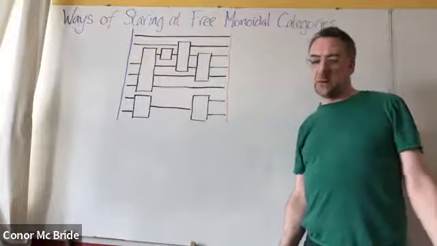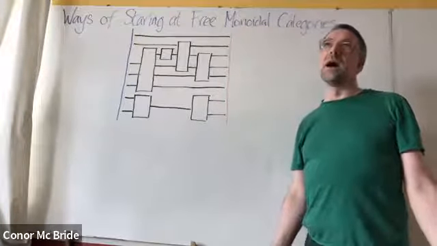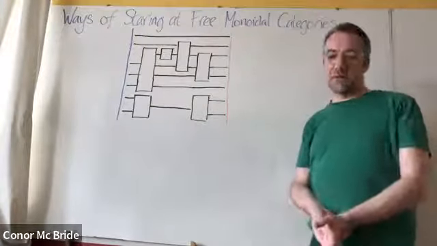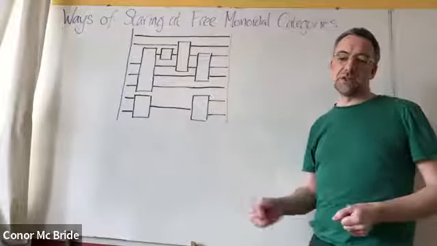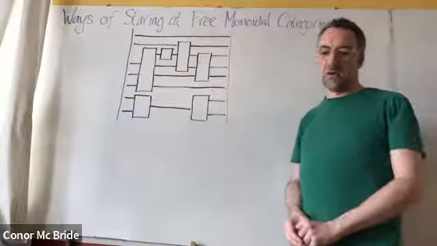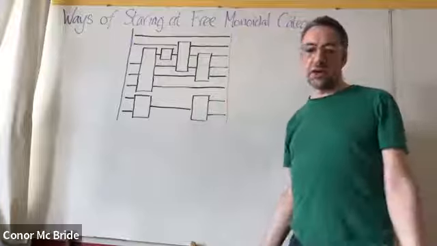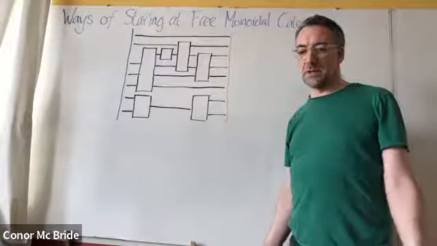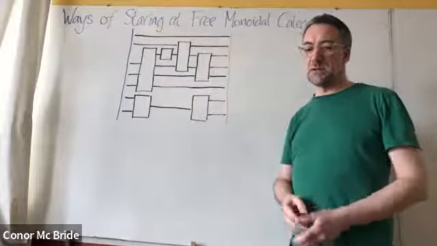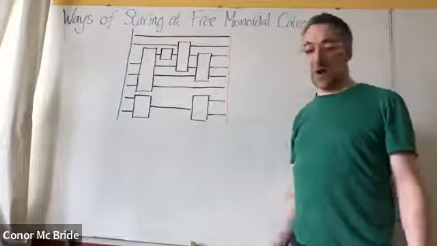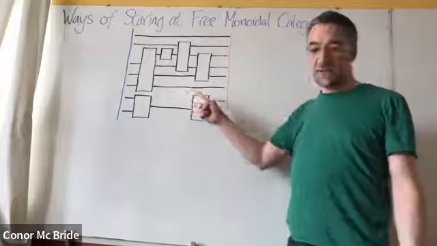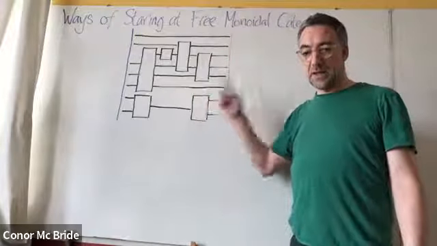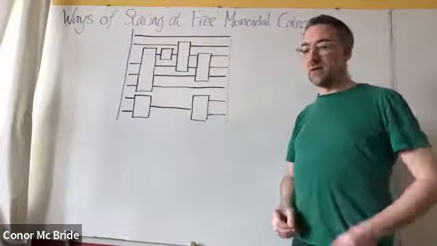This is about trying to come up with a decision procedure for equality in free monoidal categories. So what I'm basically talking about is stuff like this.